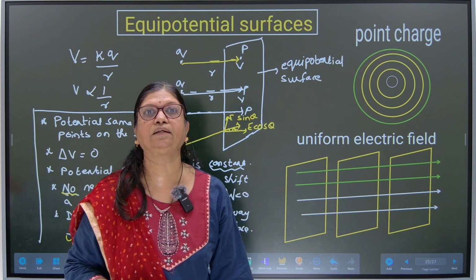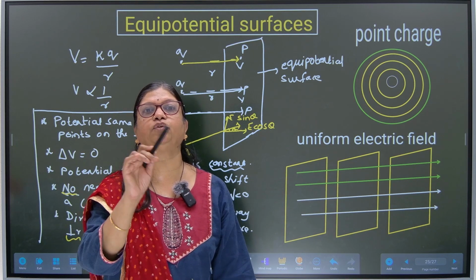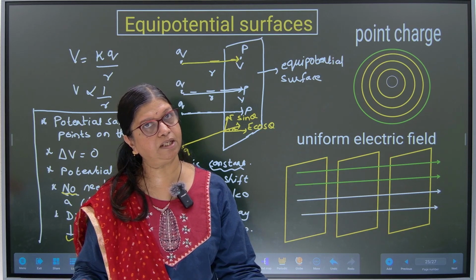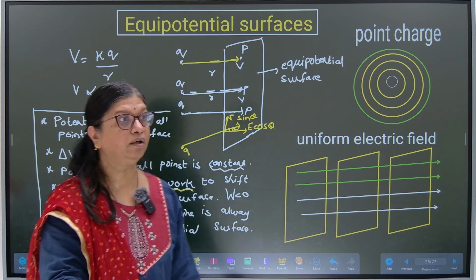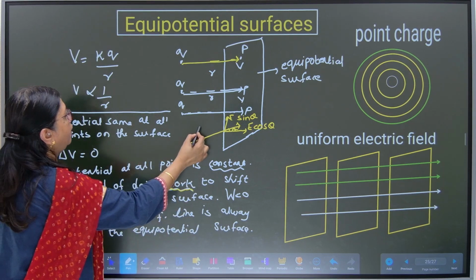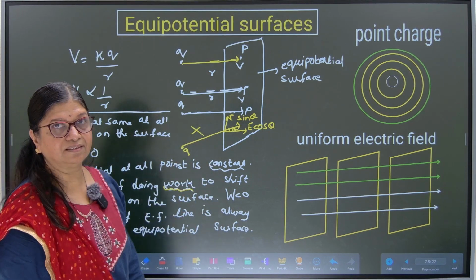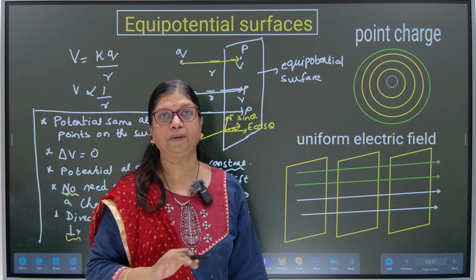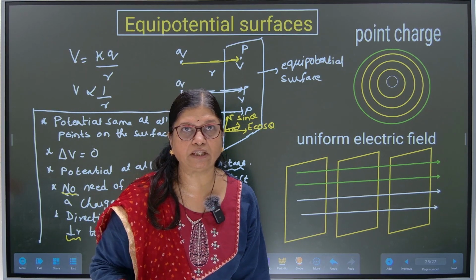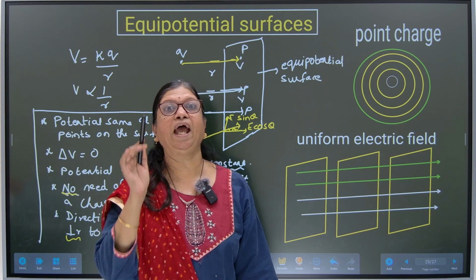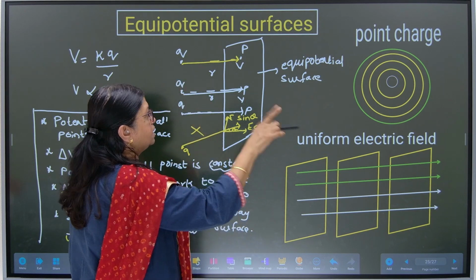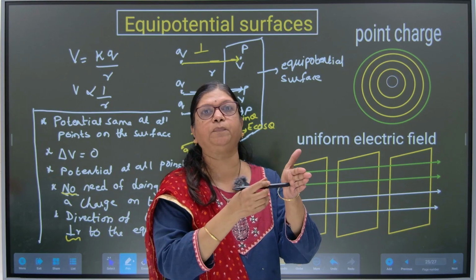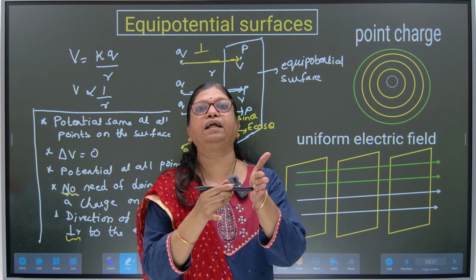That contradicts the concept that no work is to be done on an equipotential surface. Therefore, our assumption that the electric field line is not perpendicular to the equipotential surface is wrong, and our concept that the electric field line is perpendicular to the equipotential surface is right.